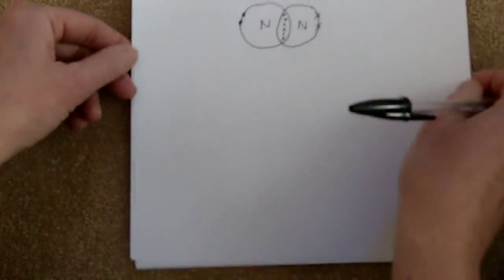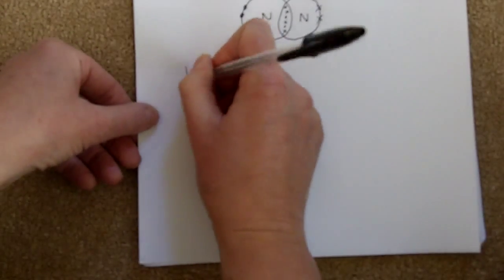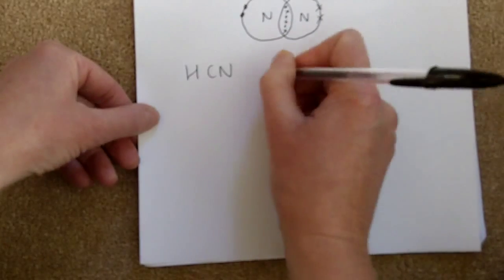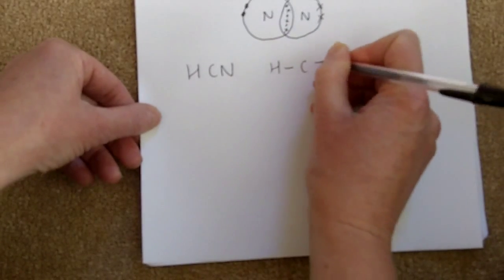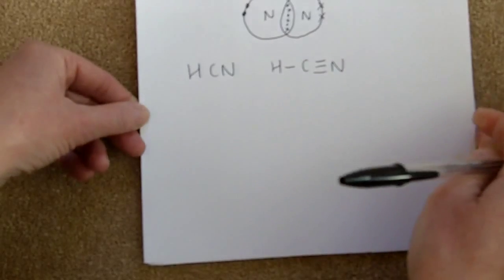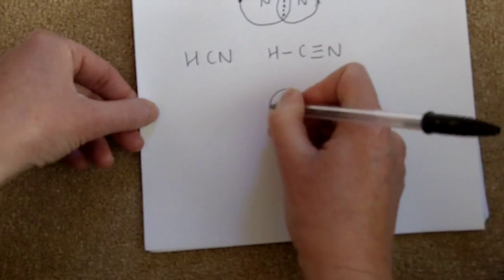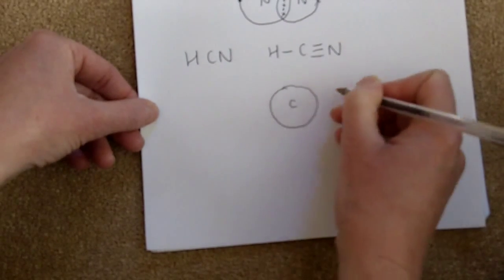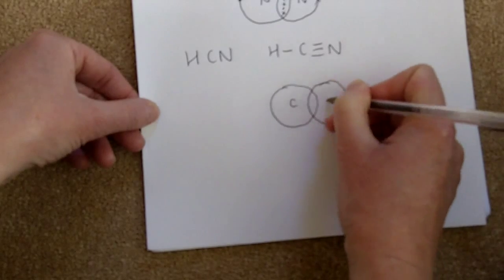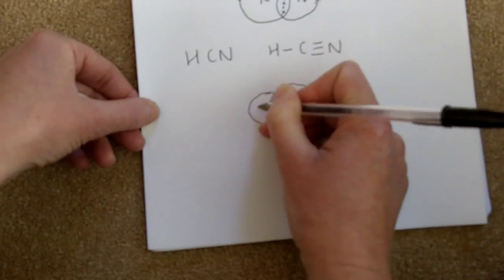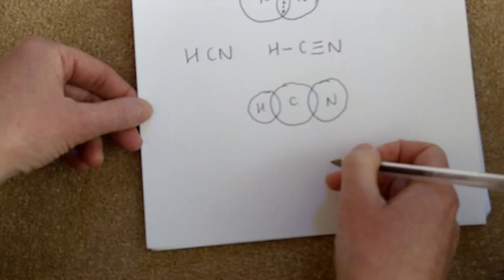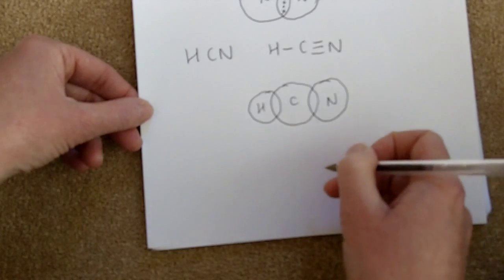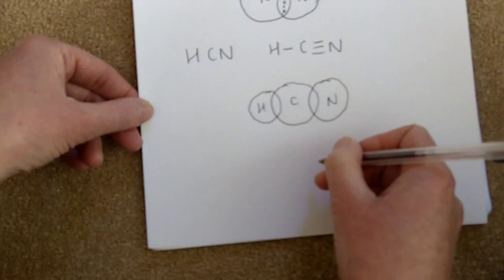Okay, finally, let's give you one more example. Hydrogen cyanide. Again, it's a triple bond. So let's draw carbon as the central atom, then you've got nitrogen, and then you've got hydrogen, HCN. Let's do the triple bond first.